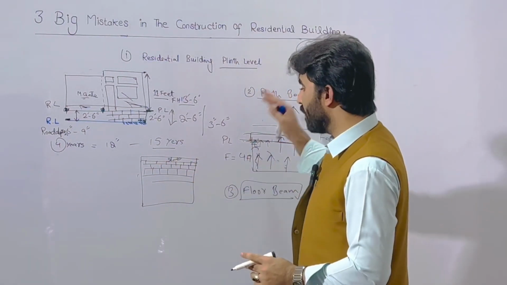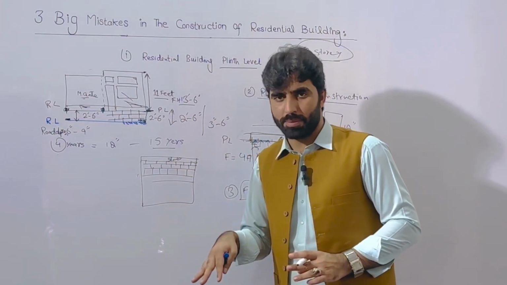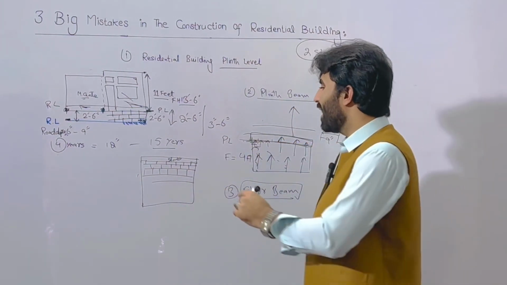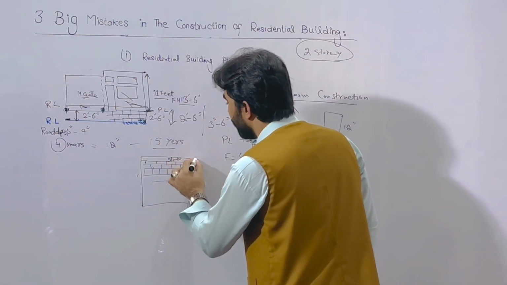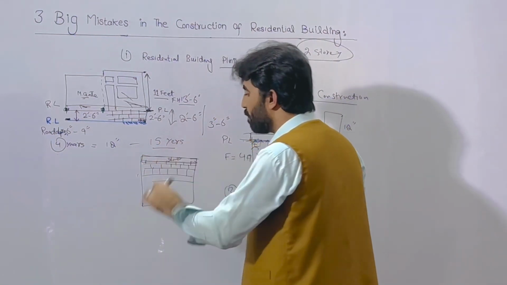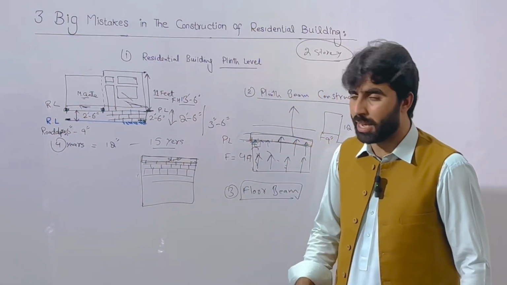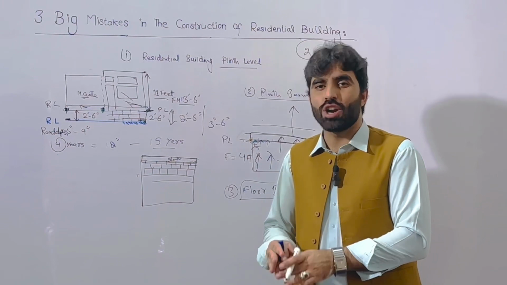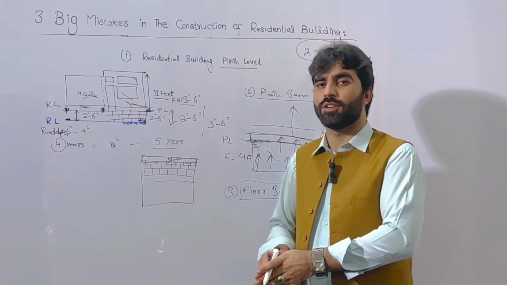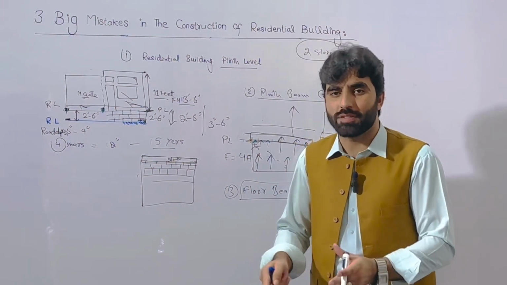When any kind of load comes on the top of the slab, it directly transfers to the brick masonry wall. But if you provide a floor beam and then provide the slab on top of the floor beam, the slab transfers the load to the beam, the beam transfers the load to the columns, and the columns transfer the load to the footings. So this is the load transfer mechanism.